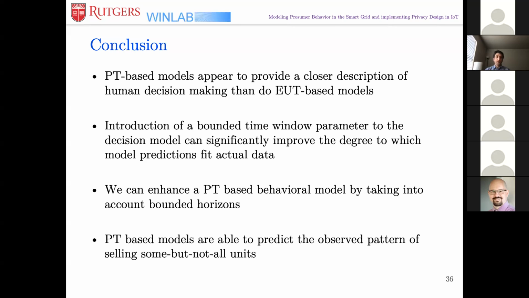This is true both in terms of predicting which days participants choose to sell their energy units and in predicting whether they sell all or just some of their units.